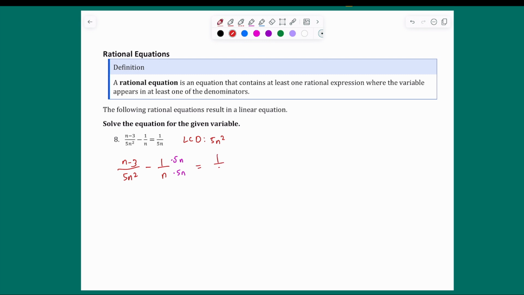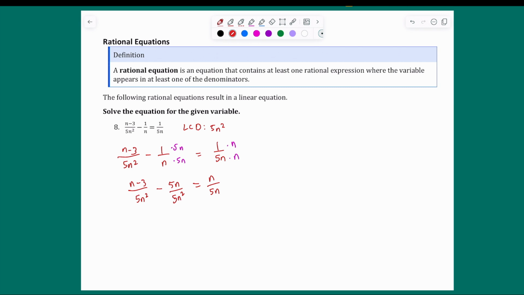And then the 1 over 5n, I'm going to multiply top and bottom by n, so this way I could get 5n squared. Doing so gives me 3n minus 3 over 5n squared minus 5n over 5n squared, all equal to n over 5n squared.